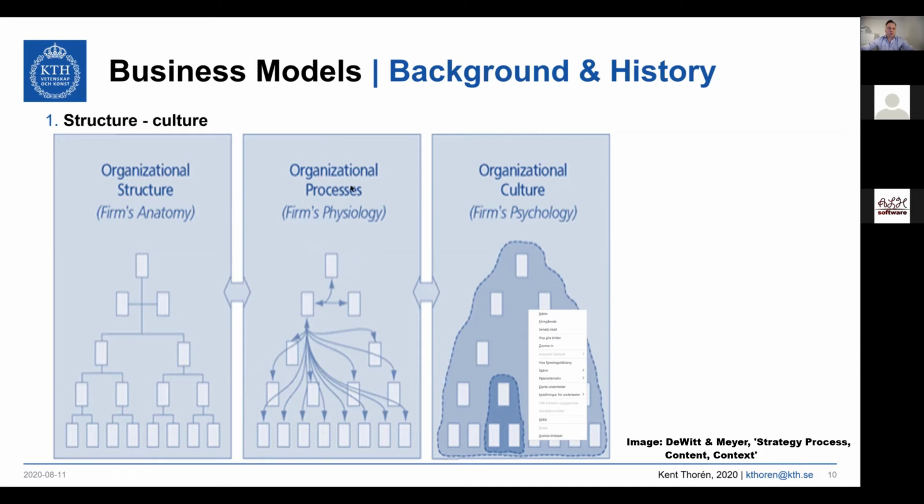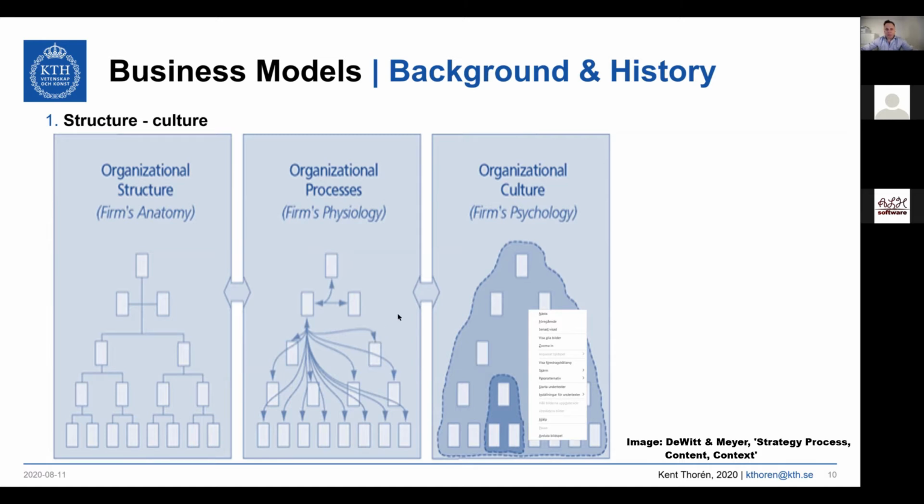But then we have also the actions that take place, the processes, and that flows in different ways. Now it's mostly up and down here, but it could also be between units, etc. And that is like a metaphor for the firm's physiology.